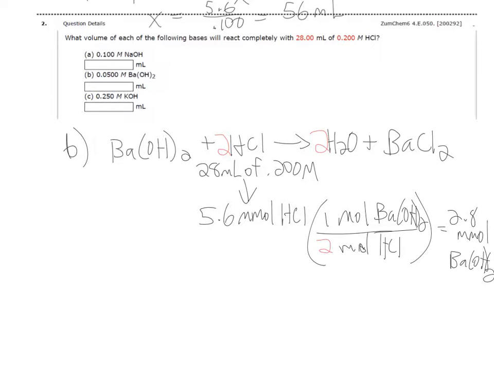But just like before, we'll use the molarity formula and the shortcut that the number of millimoles of solute per milliliter of solution will give you the molarity. In this case, the stated molarity is 0.05.